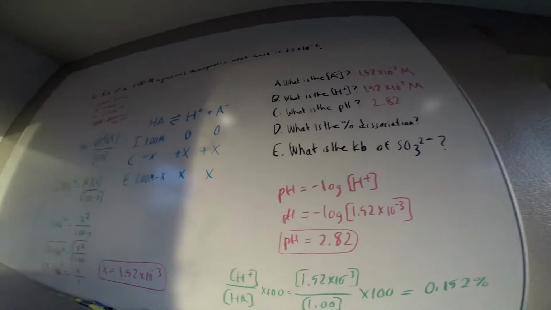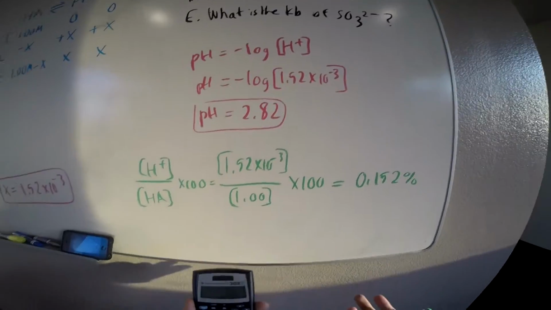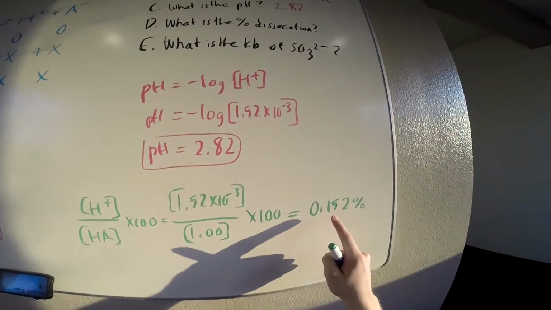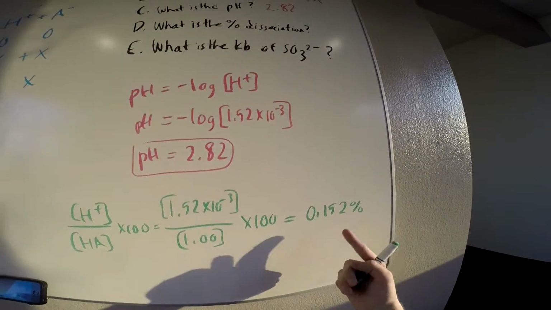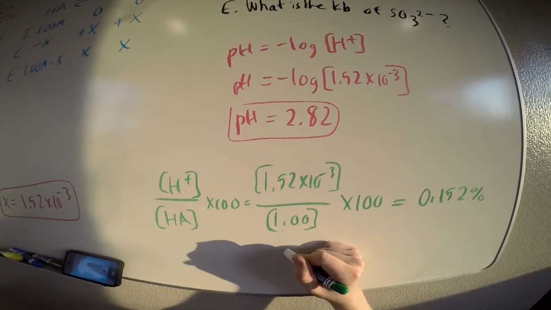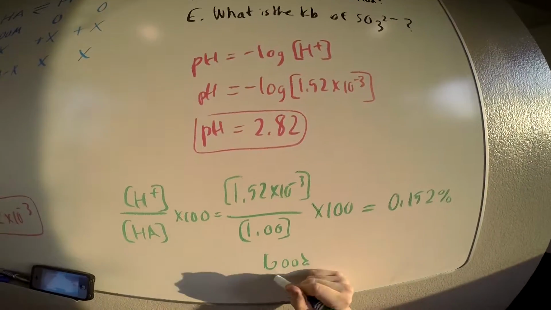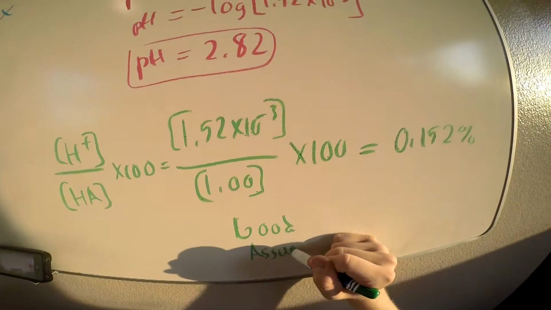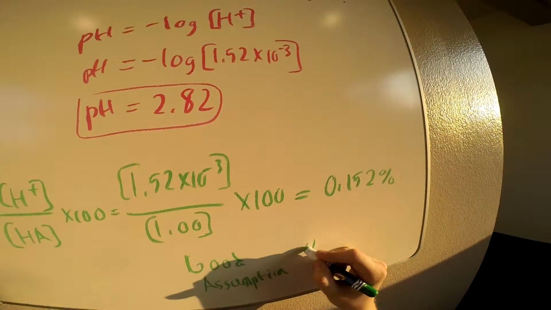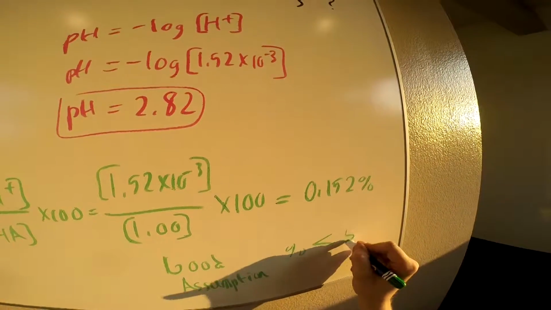They're looking for percent dissociation of your H plus, because that's the main thing that matters when it comes to pH and things like that. So the percent dissociation was 0.152%. And for the assumption check, when your assumption is good, so let's write good assumption, because it is, a good assumption has a percent dissociation of less than 5.